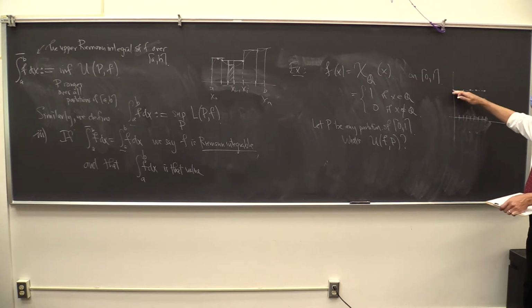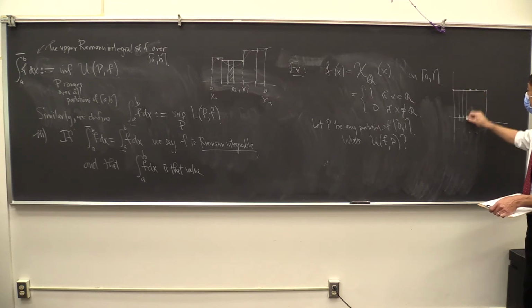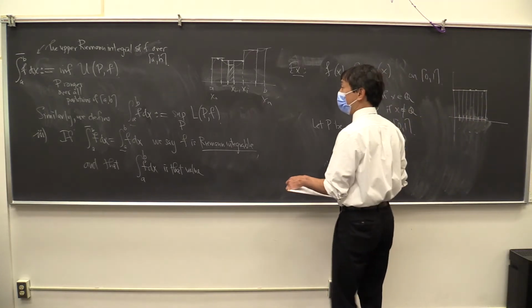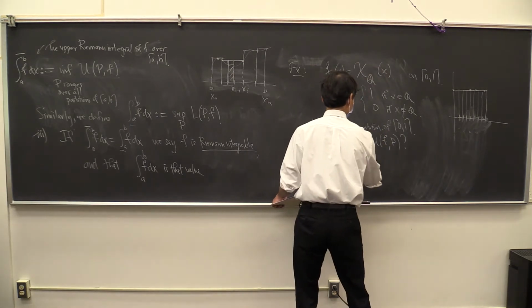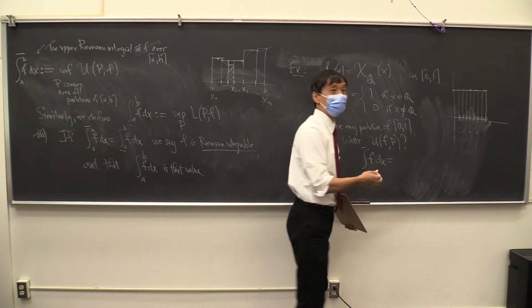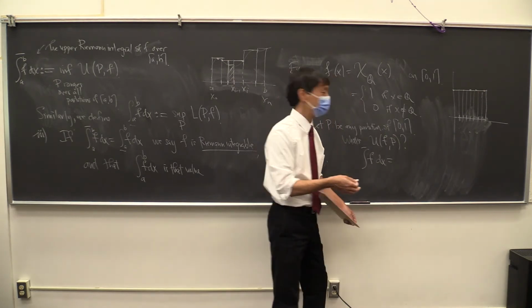So all the values are 1. You multiply by the bases, whatever they are, and when you add them together you get 1. So this is always 1, and the upper integral of f is the infimum of those 1s. Well, it's just 1.